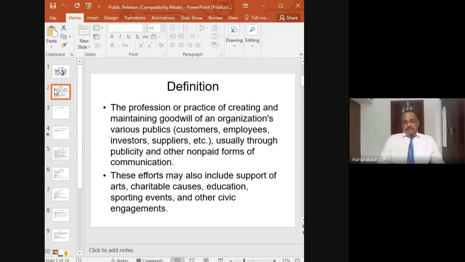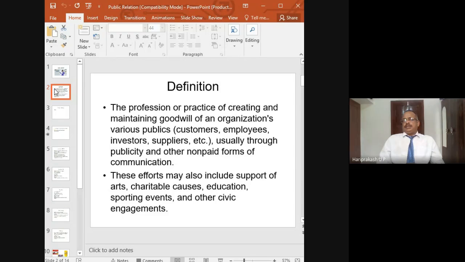The public includes their customers, employees, investors, suppliers, etc. Usually through publicity and communication. So public relation is all about trying to create goodwill among the publics. That's why it's called public relation.